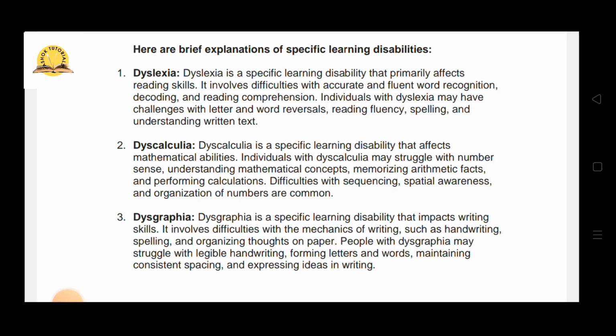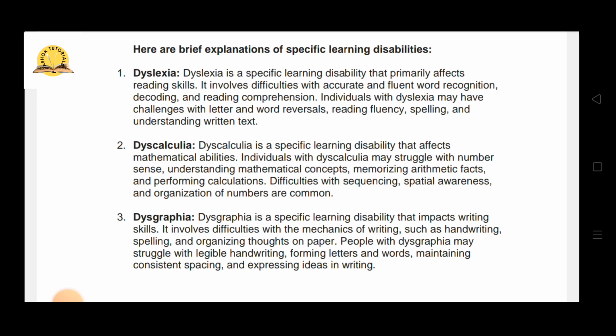And he writes it as S-A-W. In place of W-A-S, he writes S-A-W. So these are certain problems an individual with dyslexia faces. So we should be kind to our friends if we notice any of these symptoms in them, right? We should be kind to them.